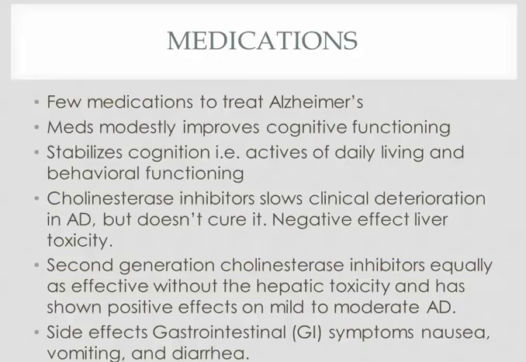Cholinesterase inhibitors, which are medications that stop acetylcholine from breaking down, slow the clinical deterioration of Alzheimer's disease, but don't cure it. And a negative side effect is liver toxicity.